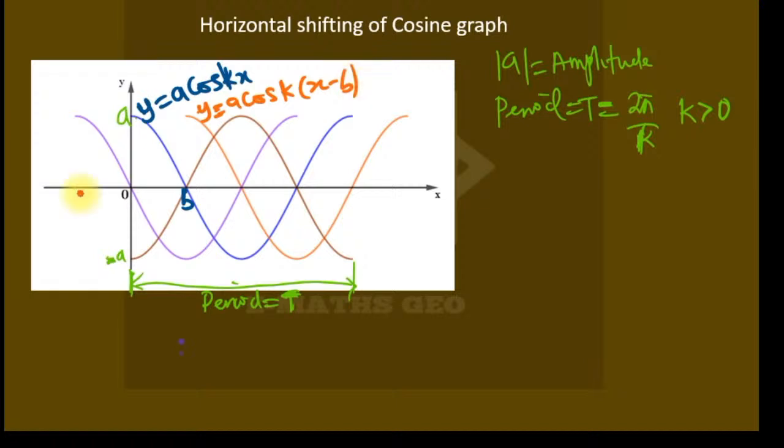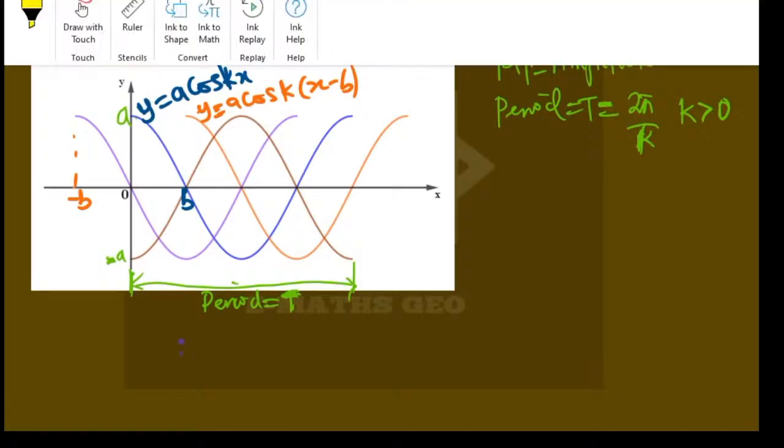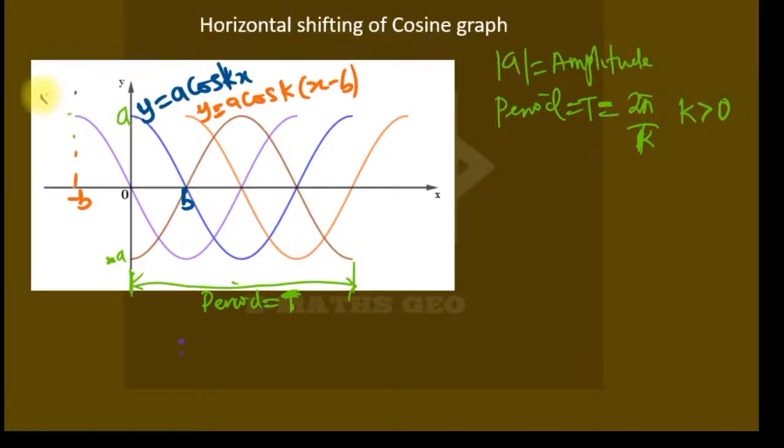But if you shift to the left, as this one, also shifting b units, so here it will be minus b. So this graph will be y equal to a cos k bracket x plus b. So if you shift to the left it is plus b, to the right is minus b.